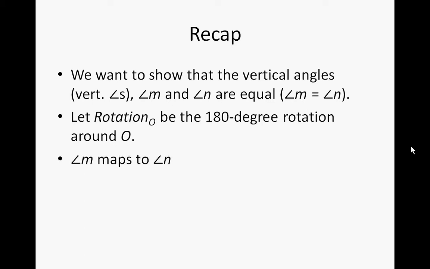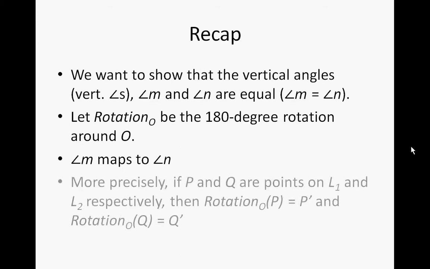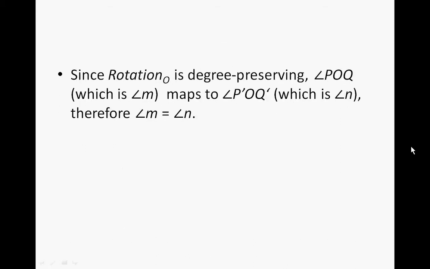And what ended up happening is angle M mapped onto angle N. More precisely, if P and Q are points on line 1 and line 2 respectively, then the rotation around O of P is going to equal P prime, and the rotation around O of Q is going to equal Q prime. And since rotation around O is degree preserving, angle POQ, which was also labeled angle M, maps onto angle P prime OQ prime, which is angle N, and therefore angle M is equal to angle N.